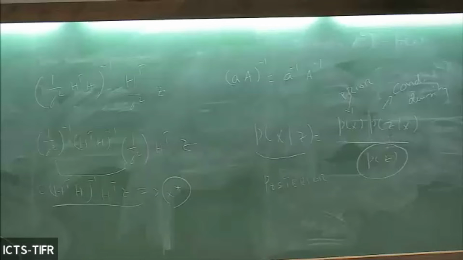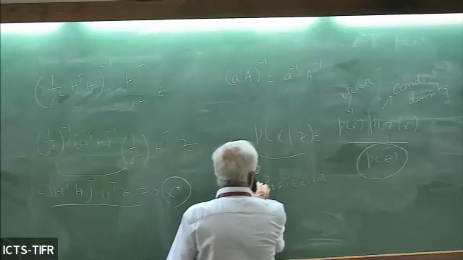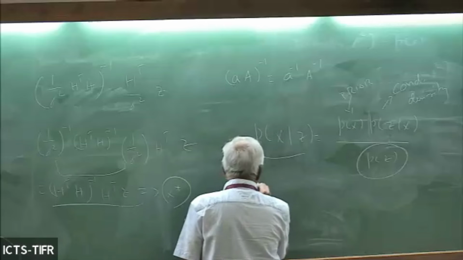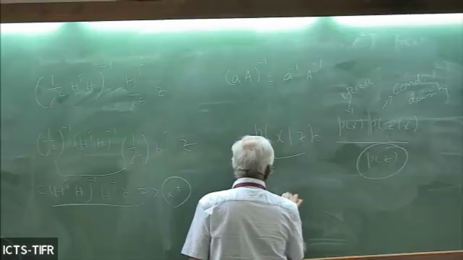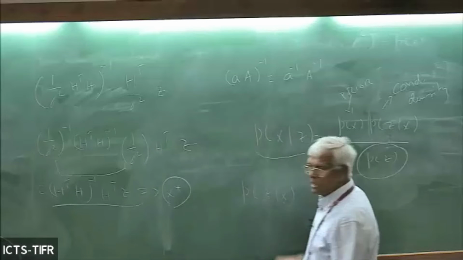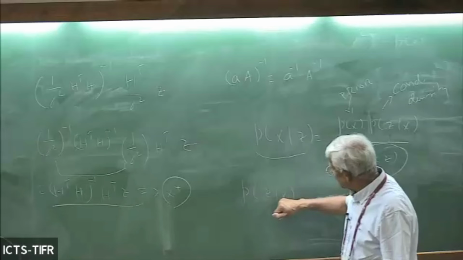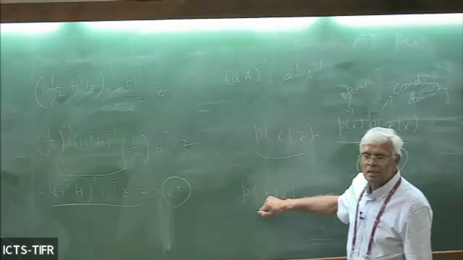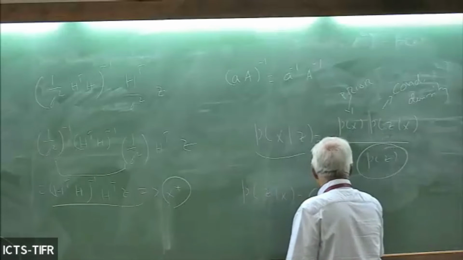Now, I'm going to be working in the opinion space itself. So now onward, will you use the term conditional or likelihood? Okay. The precise meaning of the likelihood is as follows. P of Z given X. There are two variables, right? If you fix X and consider this as a function of Z, that's called conditional.